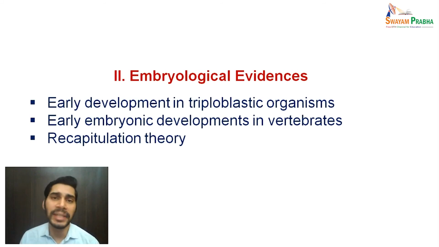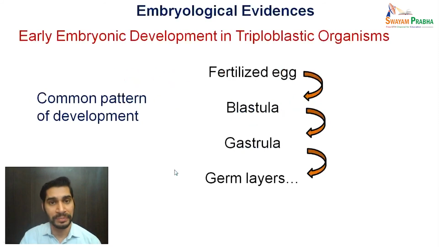So basically from platyhelminths onwards we are talking about these triploblastic organisms. We will see how their early development provides evidence of evolution. Then we will discuss the early embryonic development in different vertebrate classes. Lastly, we will discuss a theory called the recapitulation theory or biogenetic law, and how that supports the theory of evolution.